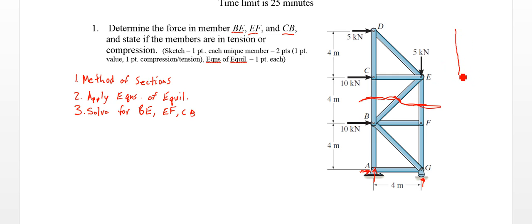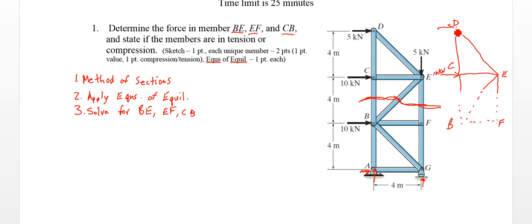So here's my sketch. And then I'm just going to sketch in where those points are. I don't really need to show that other horizontal on the bottom there, but here's B, F, E, D, C is over here. Got this 10 kilonewton load.